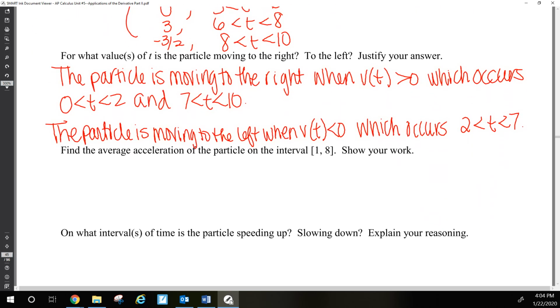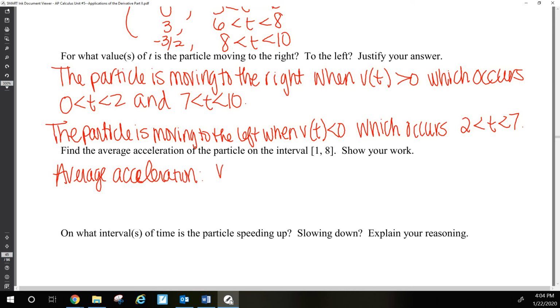All right, and finally, it asks us to find the average acceleration of the particle in the interval 1 to 8. So our average acceleration is going to be v of 1 minus v of 8 all over 1 minus 8.